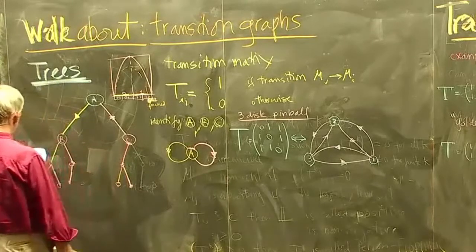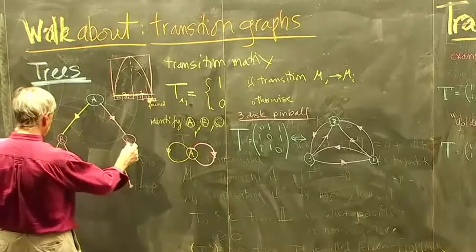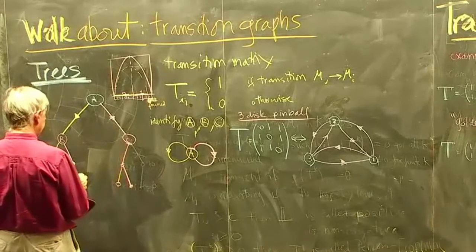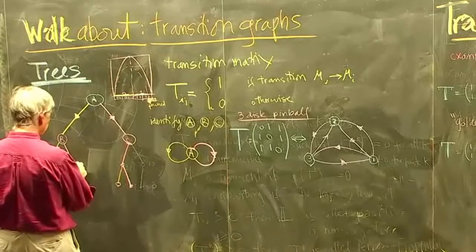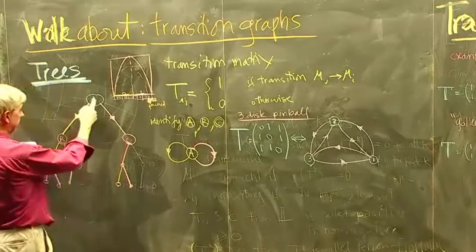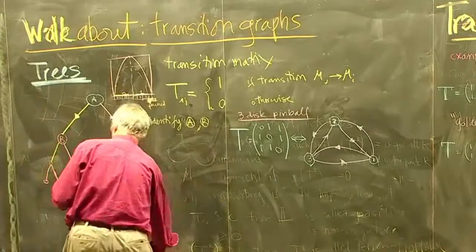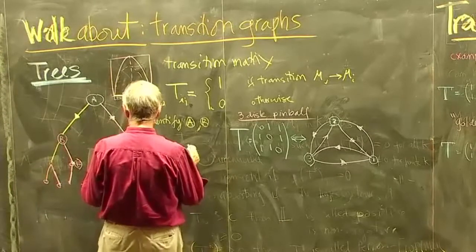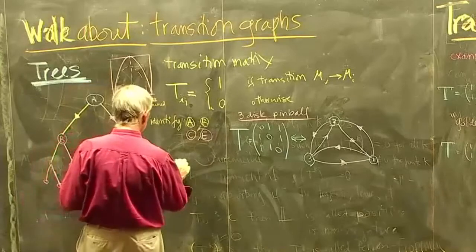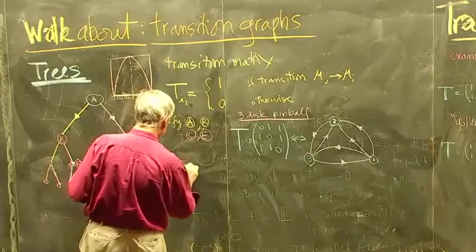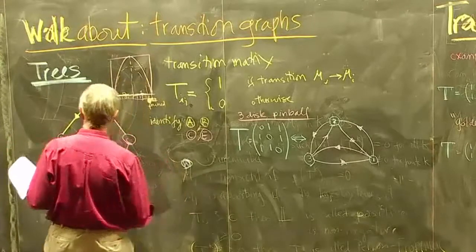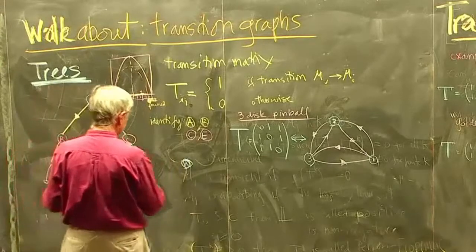However, if I go here, I have the same situation. So let's call this E. So I can identify A and B, and identify C and E, which means that I'll have a node, this node here, which is A equals B node, and I'm allowed to come back.